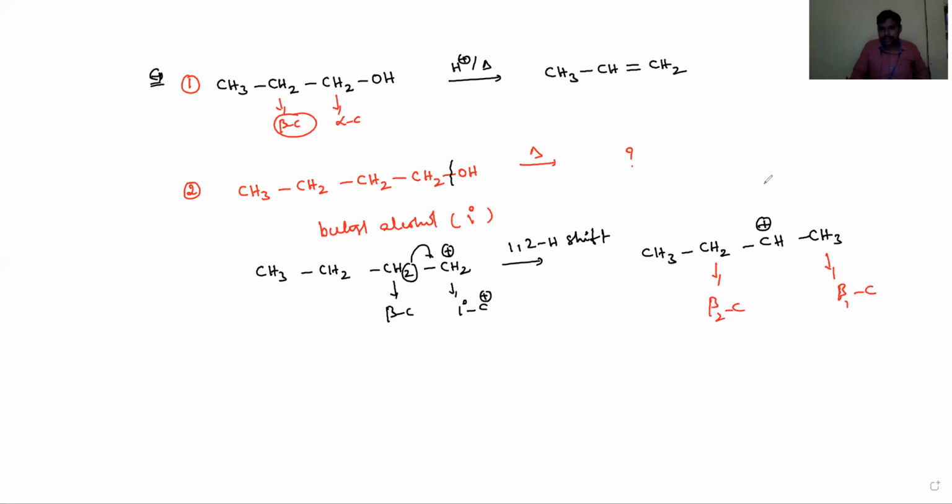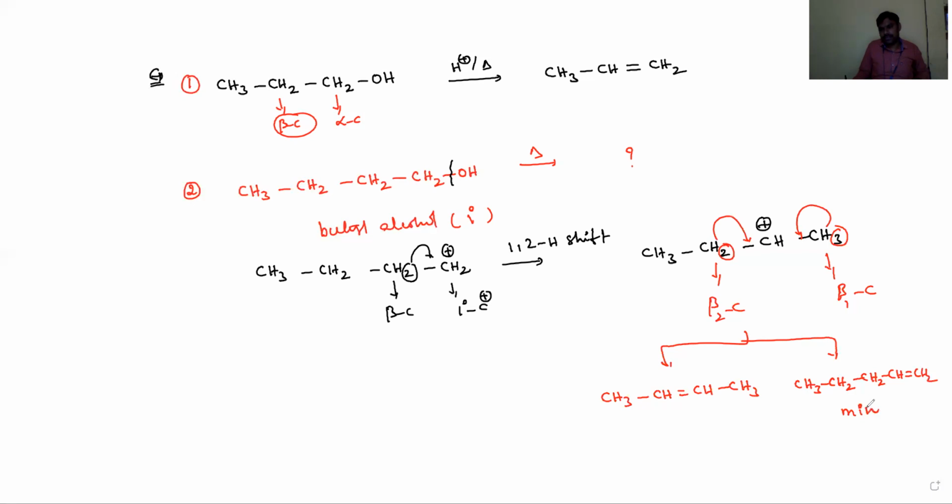If you remove the hydrogen from the beta 2 carbon, we get the more substituted alkene instead of the beta 1 product. So 2 products are produced: CH3CH=CHCH3, and another one, CH3CH2CH=CH2, which is monosubstituted. That is the minor product, and the other is the major product.